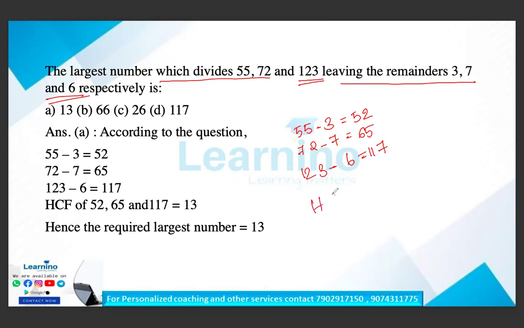So HCF of these, 52, 65, 117, we will get 13 as HCF.